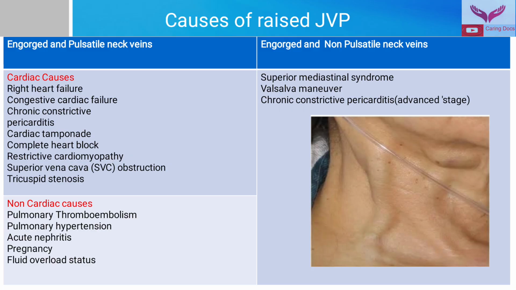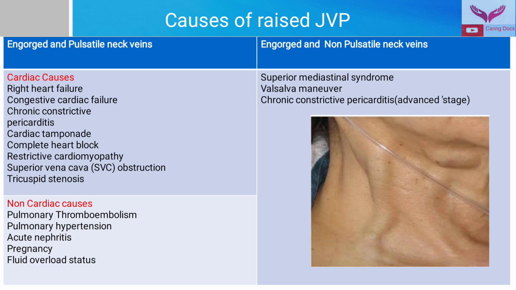The various causes of raised JVP can be categorized as when there are engorged and pulsatile neck veins, and second, when neck veins are engorged but non-pulsatile. Among the engorged and pulsatile neck veins, we have cardiac causes and non-cardiac causes.